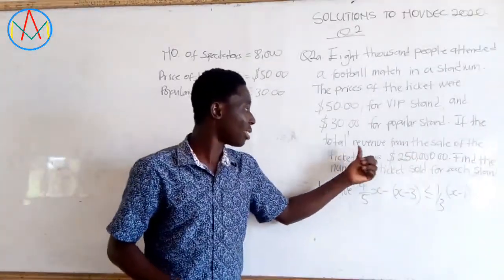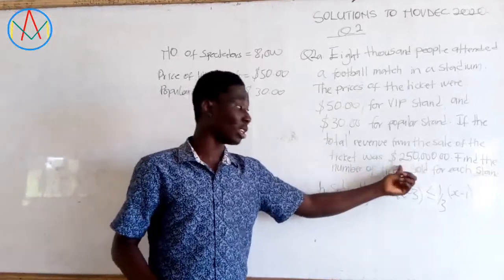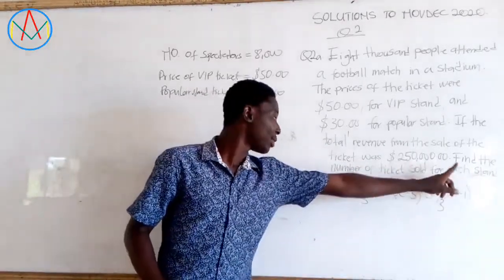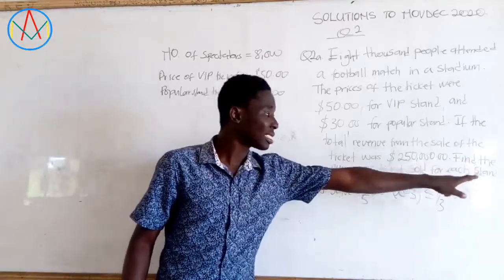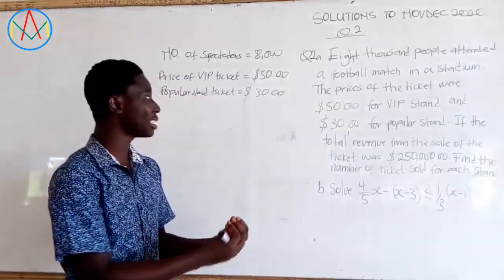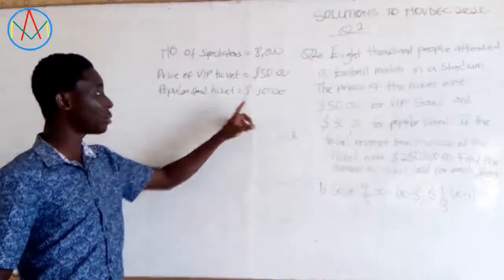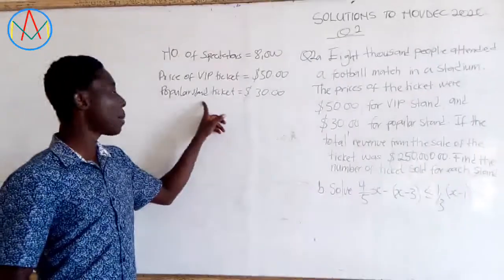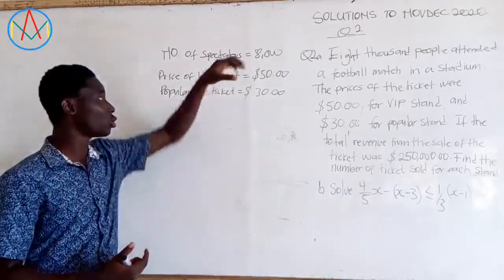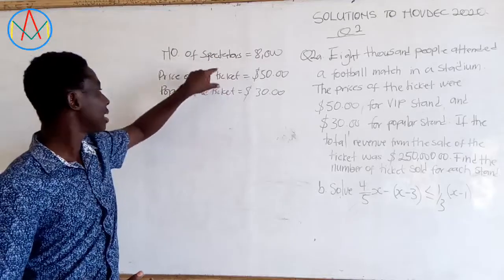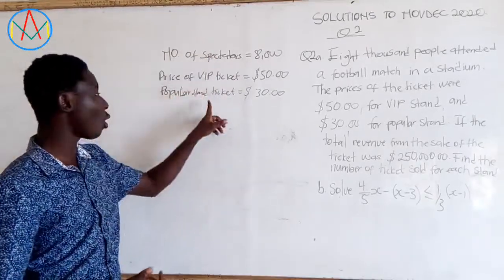If the total revenue from the sale of the ticket was $250,000, find the number of tickets sold for each stand. So we are finding the number of tickets sold for VIP tickets and the number of tickets sold for the popular stand tickets. But in this case, we don't know the number of tickets sold for each of the spectators, whether it's VIP or popular stand.